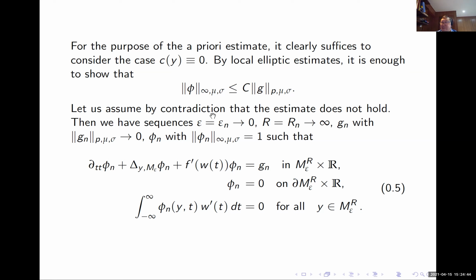So we prove by contradiction, like before, like in the finite dimensional reduction. We assume the estimate does not hold. So we can find a sequence of ε_n going to 0, and a sequence of R_n, the ball, going to infinity, and a sequence of G_n and a sequence of φ_n, satisfying this property.